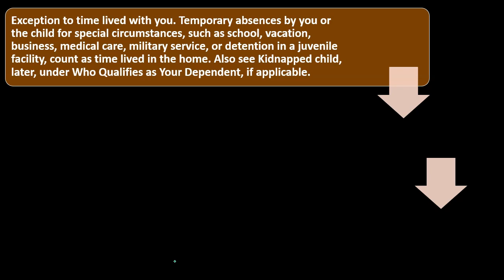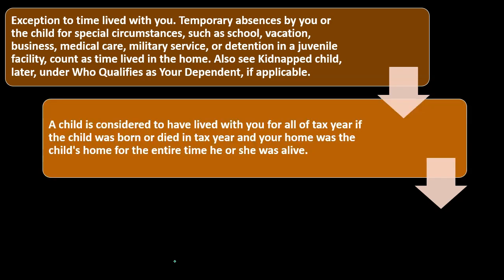Exceptions to time lived with you. Temporary absences by you or the child for special circumstances such as school, vacation, business, medical care, military service, or detention in a juvenile facility count as time lived in home. Also see kidnapped child later. A child is considered to have lived with you for all of tax year if the child was born or died in the tax year and your home was the child's home for the entire time he or she was alive.